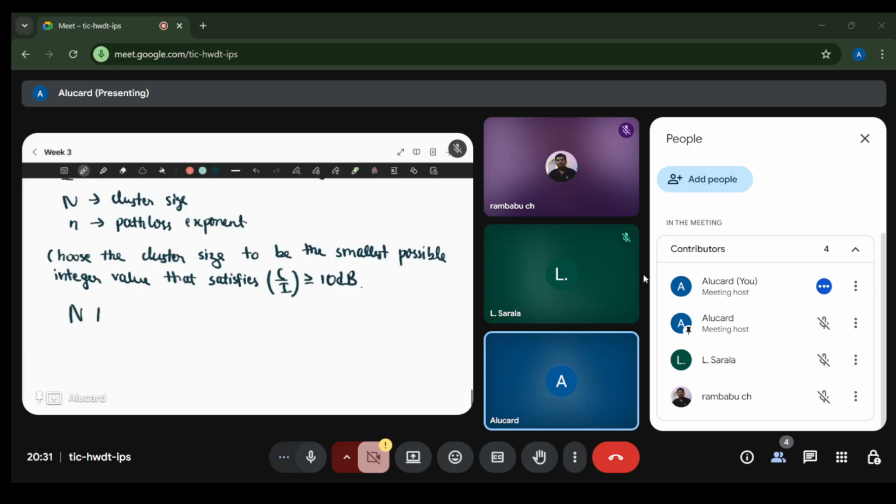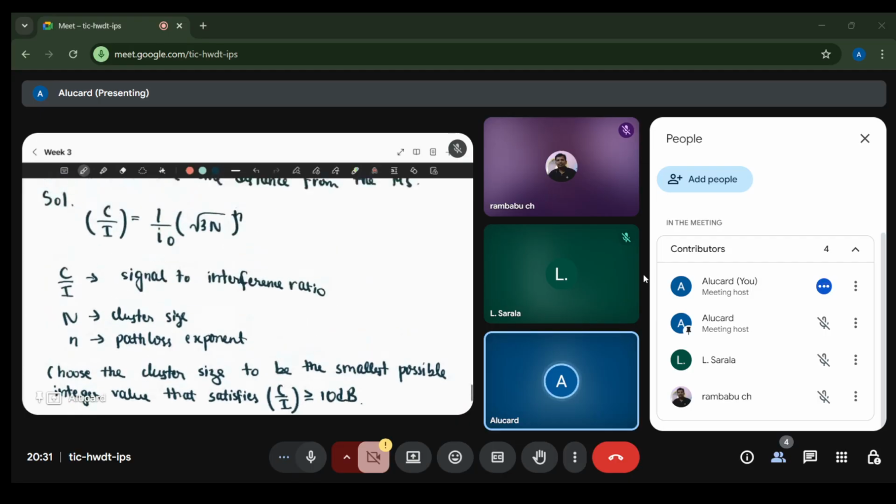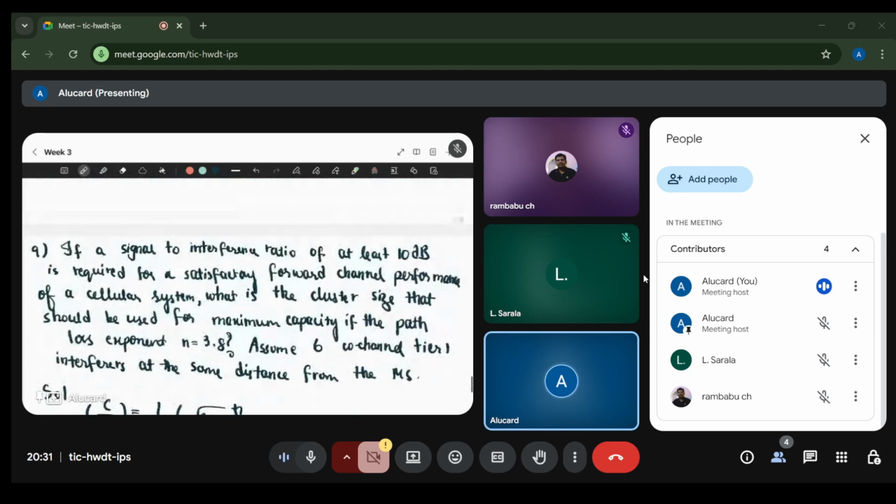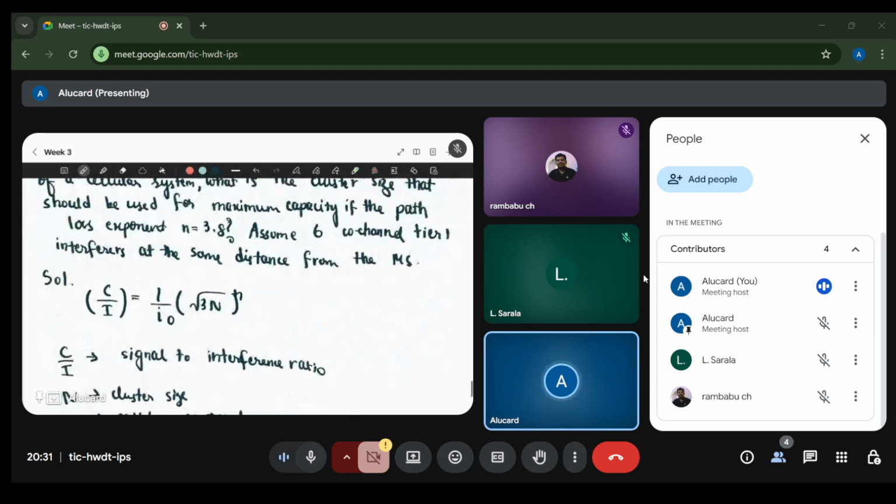Why the smallest value? Because as the cluster size increases, cluster size is the number of cells per cluster. So if there are more cells in the cluster, each cell can have a smaller number of channels. So the number of channels per cell is reduced, which means, again from the trunking efficiency, the capacity is reduced.